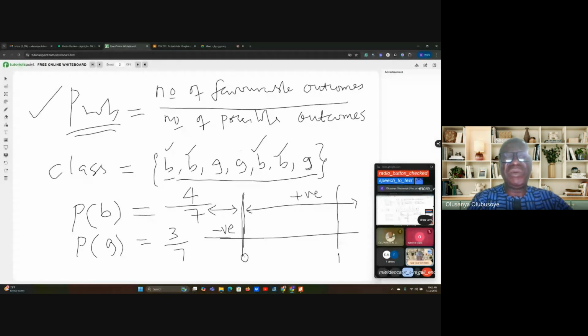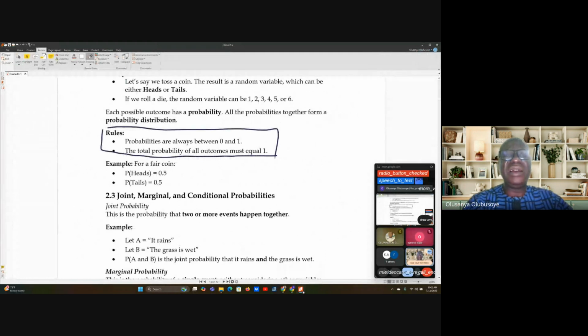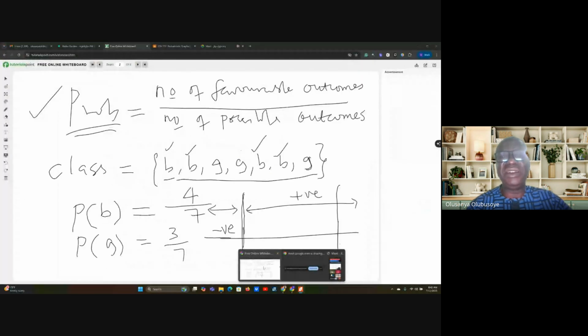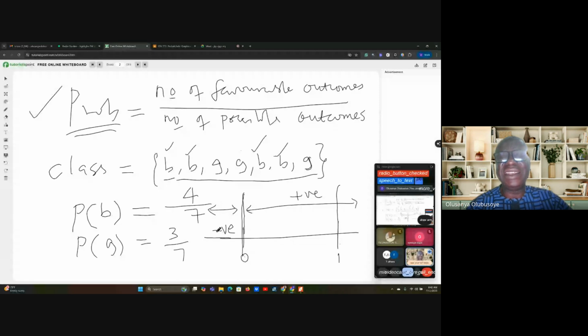So we can say that probability is non-negative. What that means is simply that probability does not take a negative value.